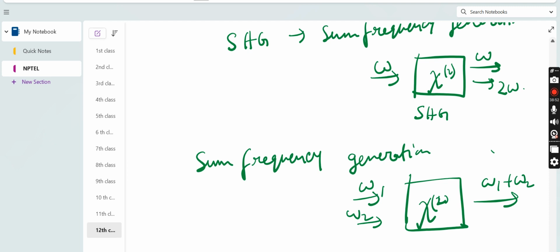Like I have shown only one omega, that doesn't mean that only one photon with frequency omega is hitting the material. The source is one, and when I denote it like this, it doesn't mean that the photons are one or the beam is only one. It doesn't work that way, that we give only one beam in the material.